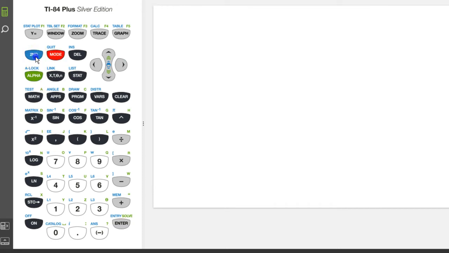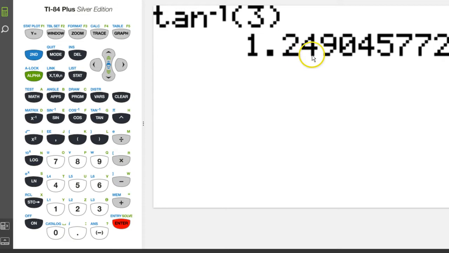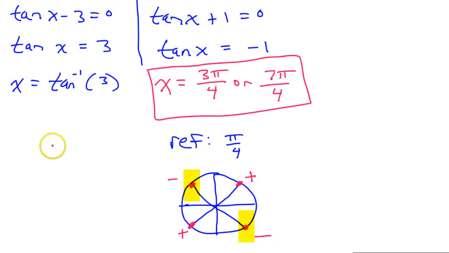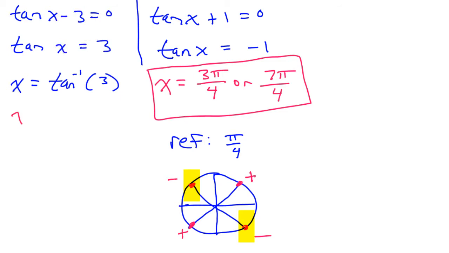So I'm going to do inverse tangent of 3. Okay, so rounded to the nearest hundredth, this would be 1.25 radians. So that's one solution. So I have x is equal to 1.25 radians.